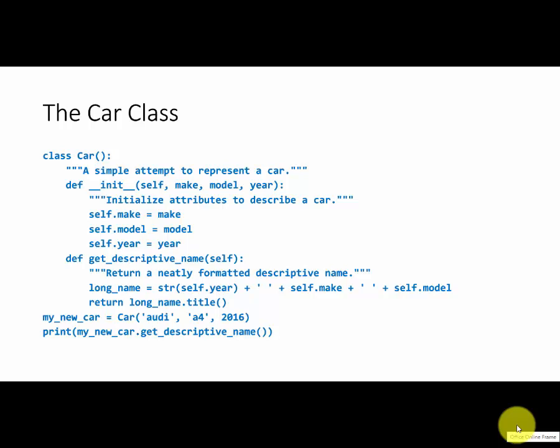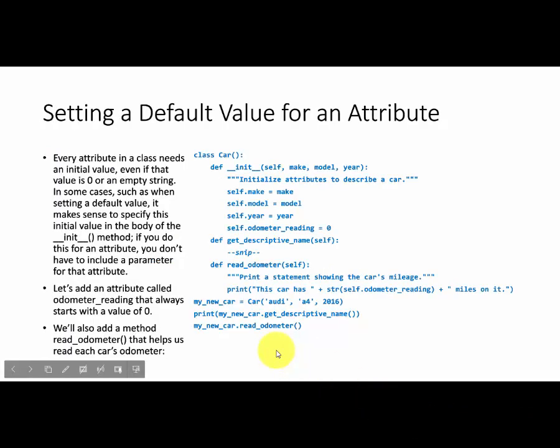Okay students, so this is the way how we can create a class. Now setting some default values. So every car will have a meter, the kilometers it will mention. So there I am setting initially the value of that odometer reading as 0. So every attribute in a class needs an initial value, even if that value is 0 or an empty string.